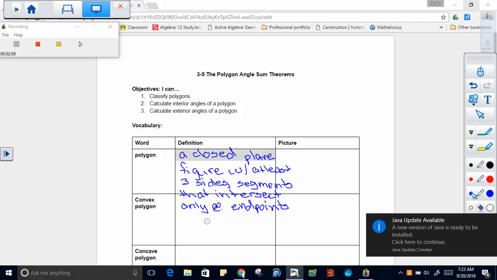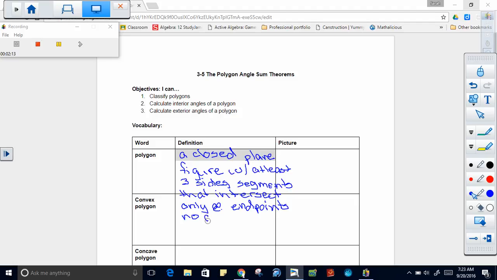And there's no adjacent sides collinear. So that means that there's no sides that are on top of each other, right? You couldn't have 1 side, 2 sides, 3 sides, 4 sides, and then another side that landed right on that same line, even if it was a little bit longer. That's what they're saying there.